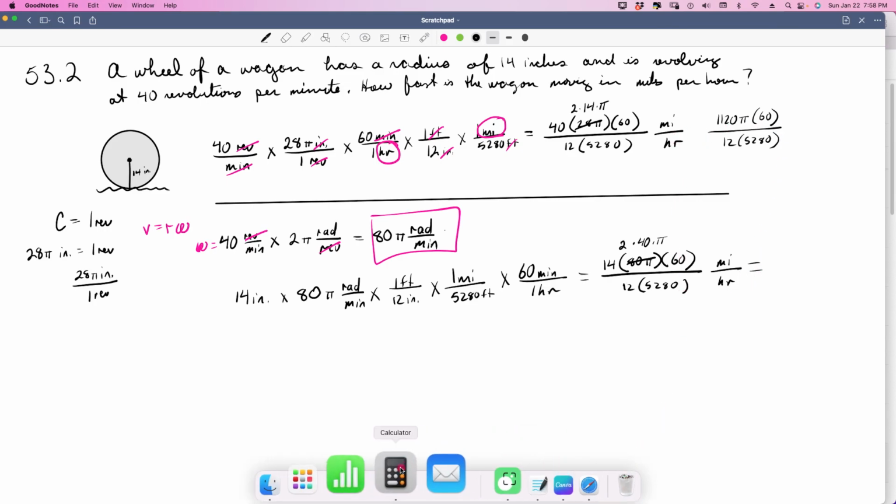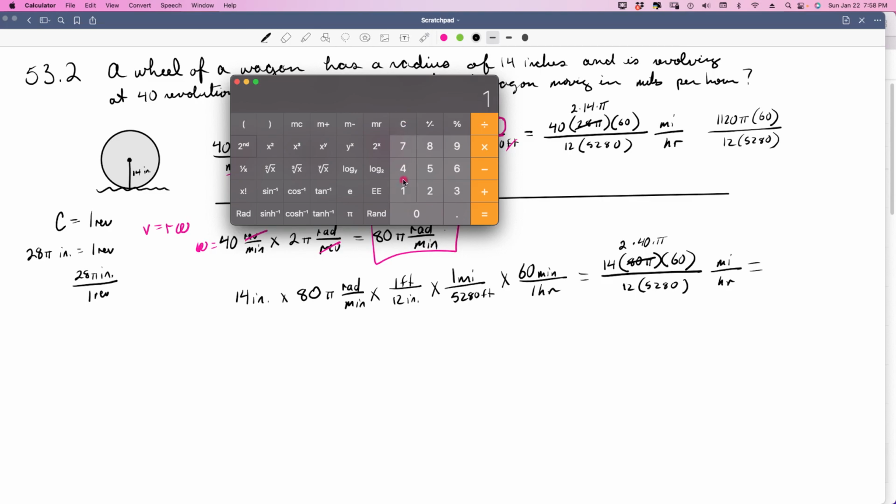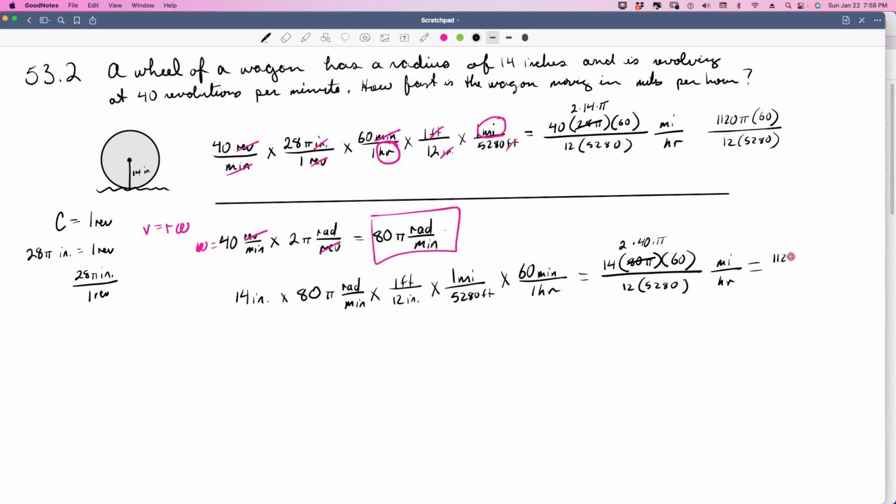This one would be, if you did it, 14 times 80, 1120. 1120 pi times 60 over 12 times 5280. And that gives us the same answer regardless of which way we solve it. Does that make sense?